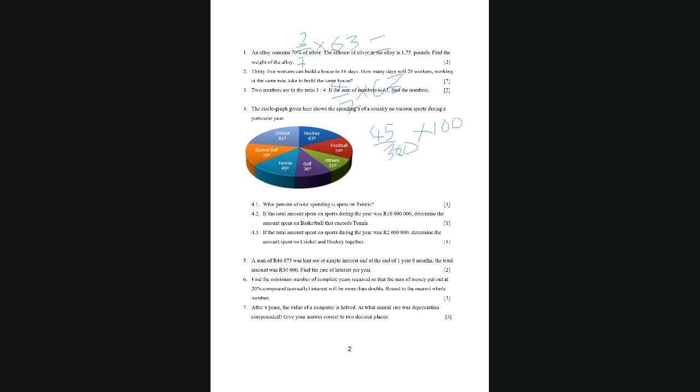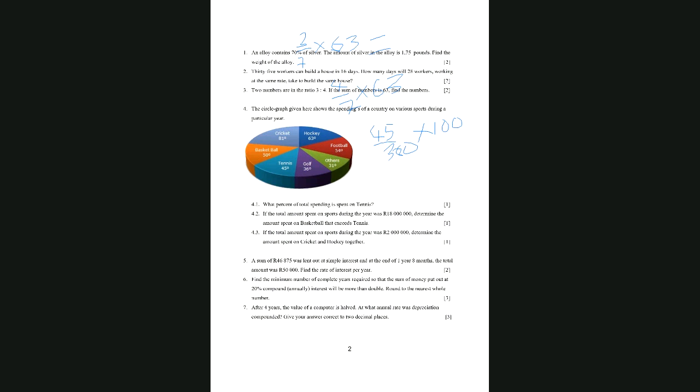The next one says that if the total amount spent on sports during the year was 18,000, determine the amount spent on basketball that exceeds tennis. So the total amount spent on sport was 18 million. Is that clear? So you can easily find the amount spent on basketball.